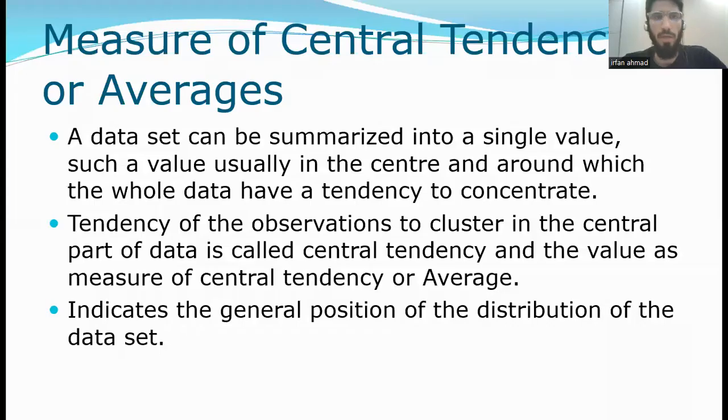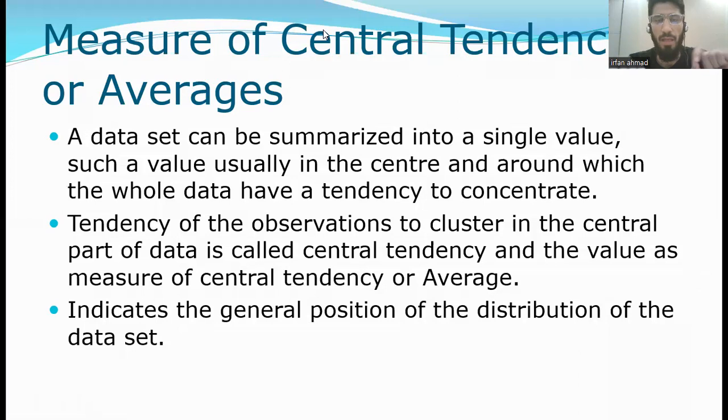Okay. Now, what is central tendency, or measurement of center? Central tendency we can also call average. It is the point around which all the data act, or the central point in the data set.